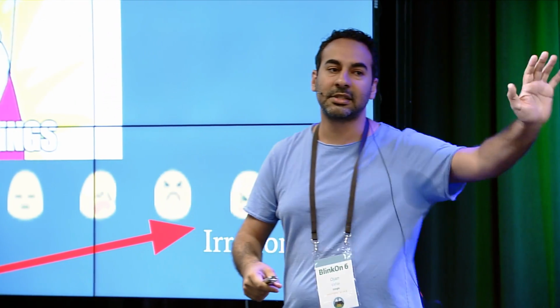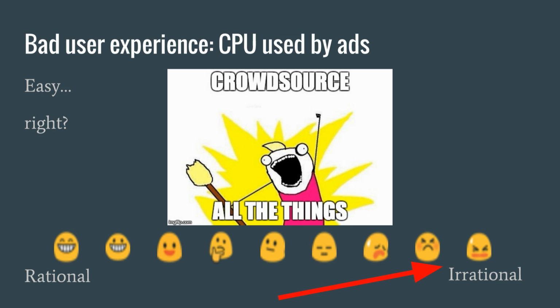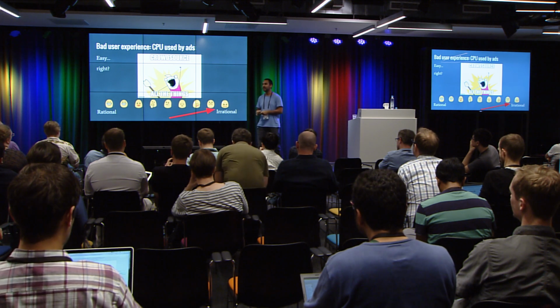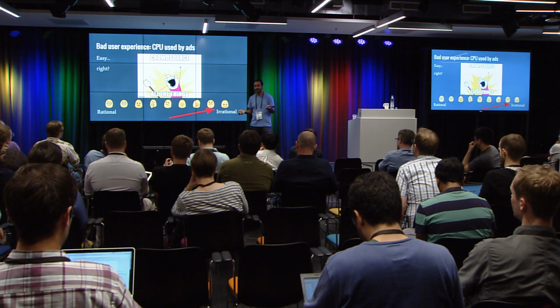So now I want to talk through a specific example where we started super crazy and then ended actually completely rational. And this is the bad user experience of CPU usage by ads. So visibility intersection observer will solve one large class of CPU usage. But in practice, the way the ad ecosystem works is the top-level ad network doesn't even know what the ad content is.